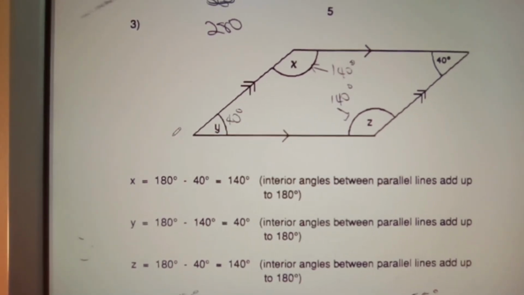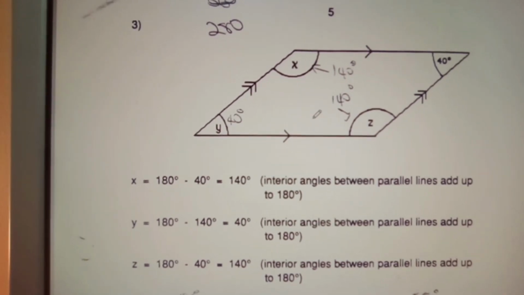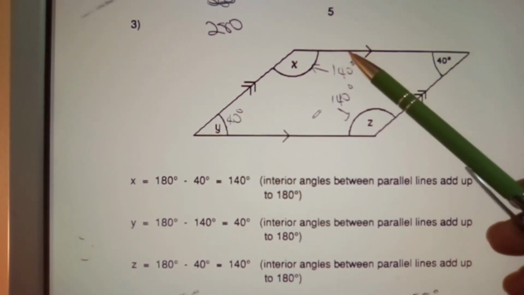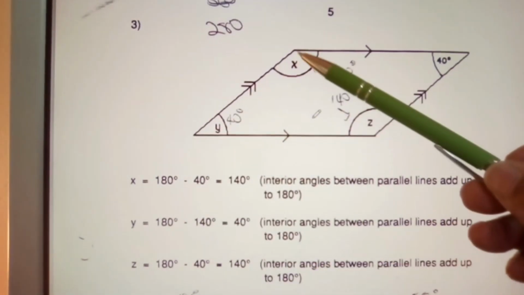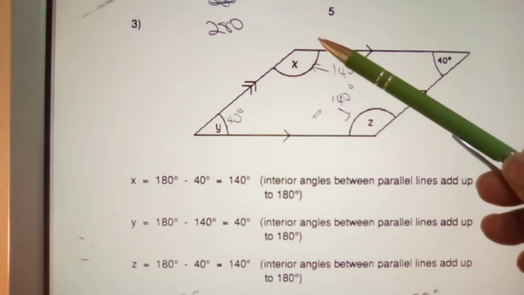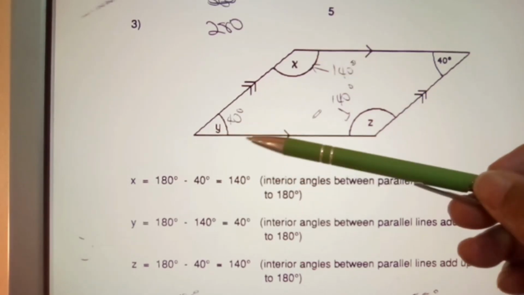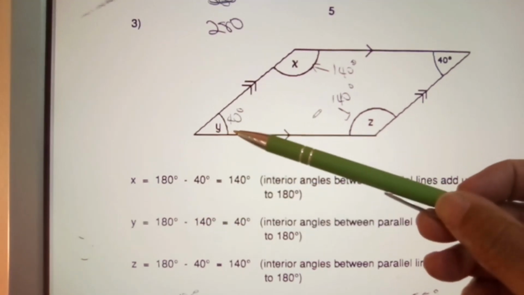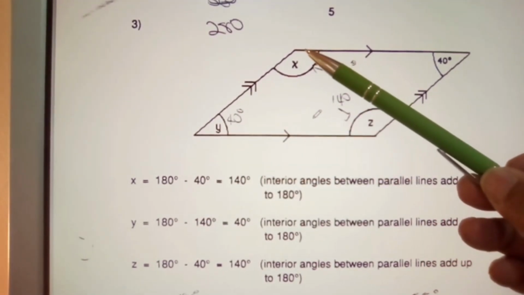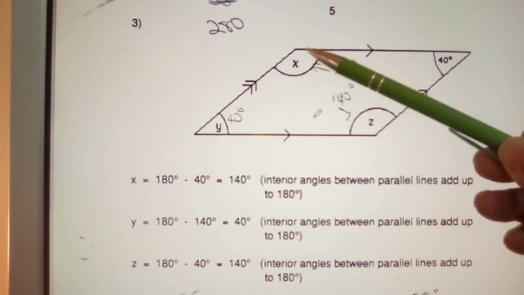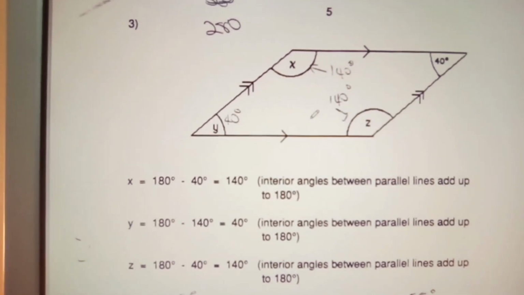So interior angles between parallel lines add up to 180. So x is an interior angle, and that will be in parallel with y. But let's deal with one at a stage in time. Here and here, these two angles have to add up to 180.